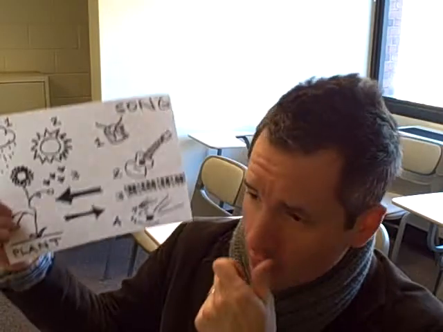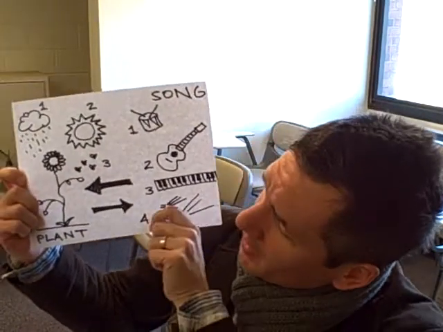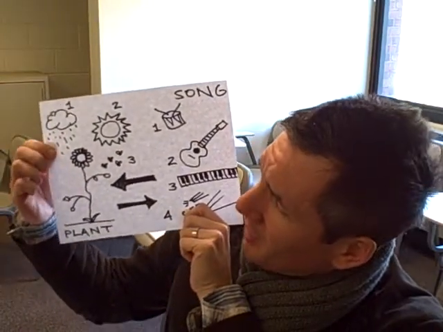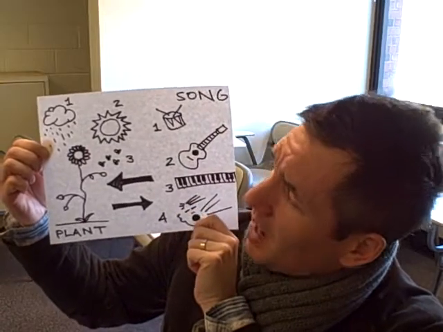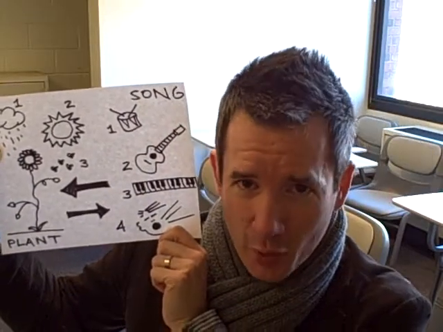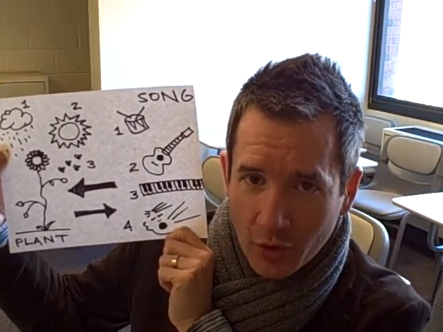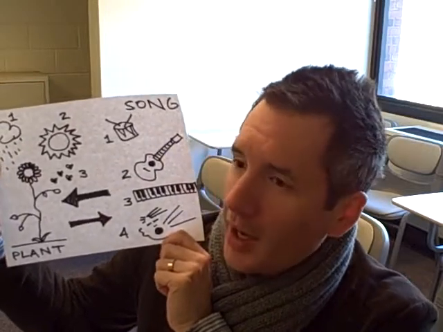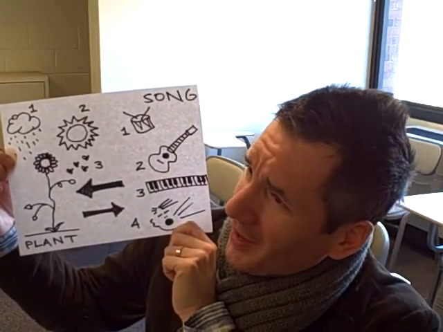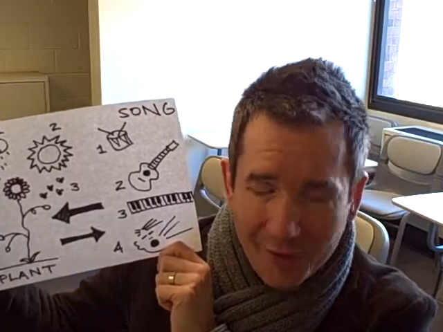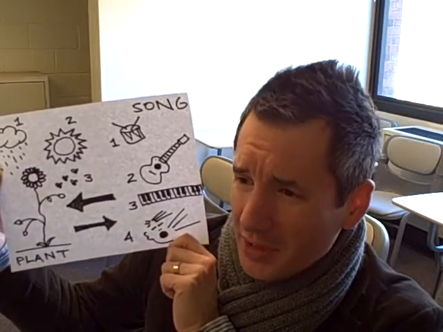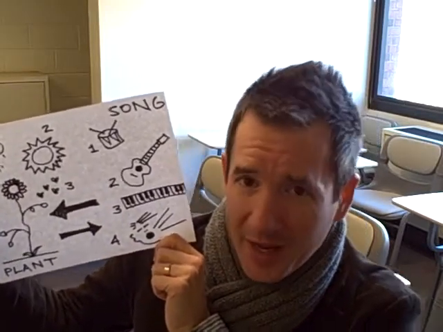So let's say I'm a biology student and I'm learning in biology class this semester about all of the complicated things that have to happen in order for a plant to grow. There can be a lot of stuff involved, to be sure, and it's a lot for me to understand.